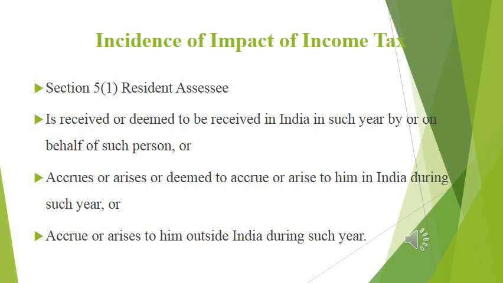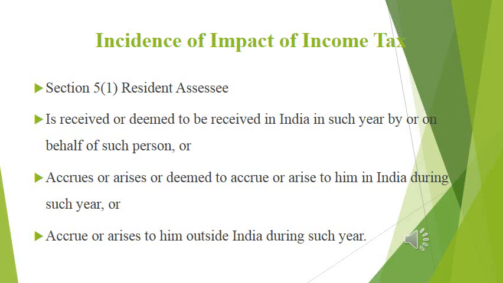First one, as per Section 5(1) of the Income Tax Act 1961, that deals with the resident assessee. We have three capacities: resident, not ordinarily resident, and non-resident. We have already discussed that the residential status will reflect the liability of tax.